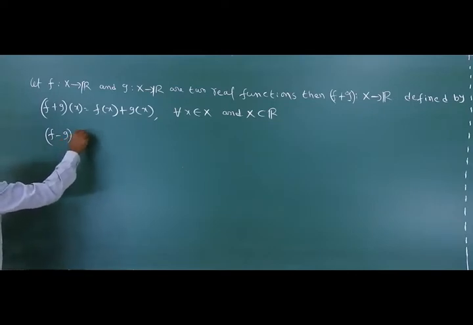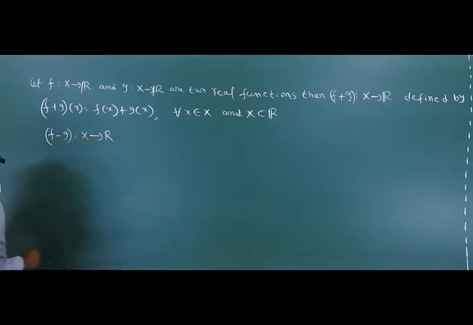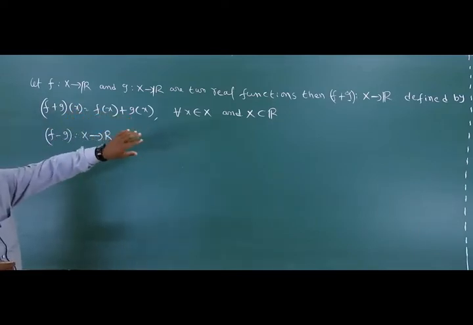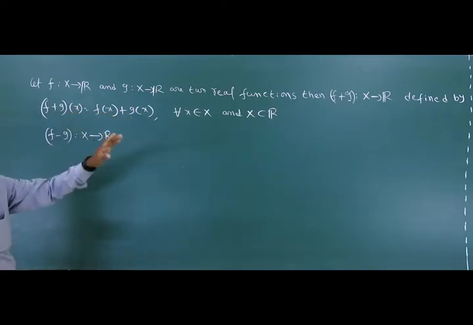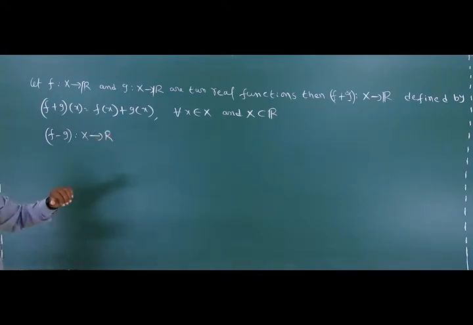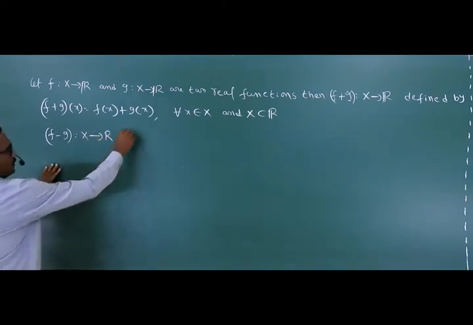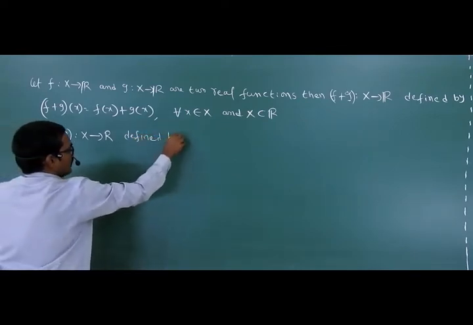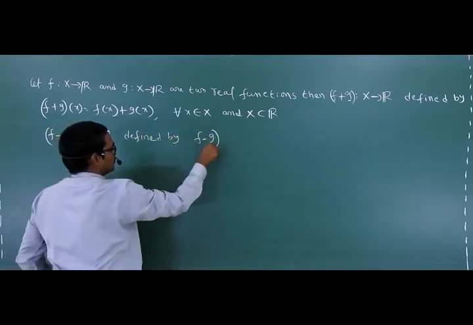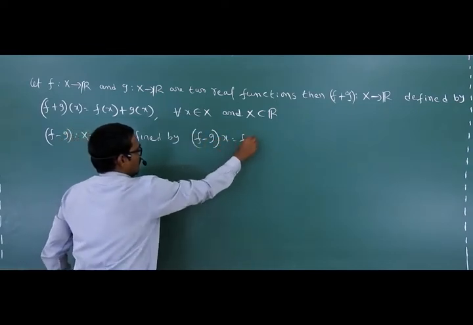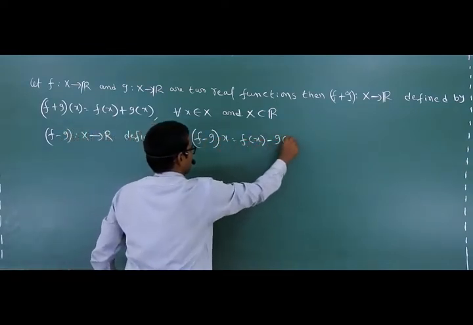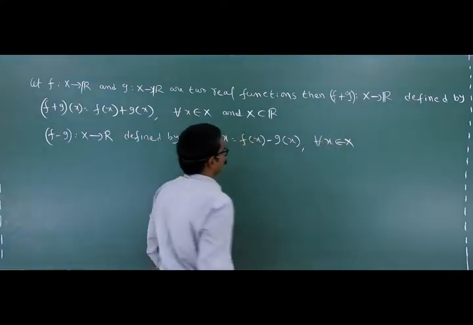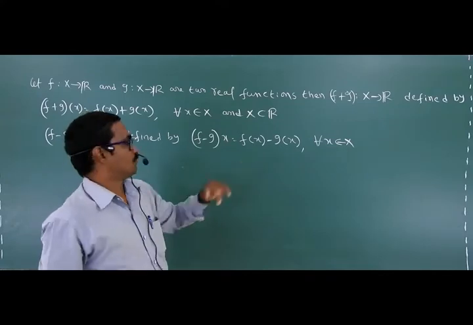If f from X to R and g from X to R are two real functions, then f minus g from X to R is also a real function and is defined by (f minus g)(x) is equal to f(x) minus g(x), for all x belongs to capital X and capital X is a subset of capital R.